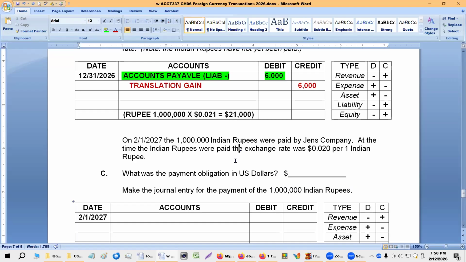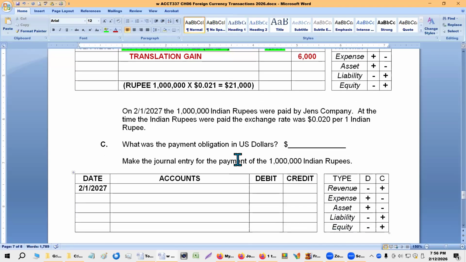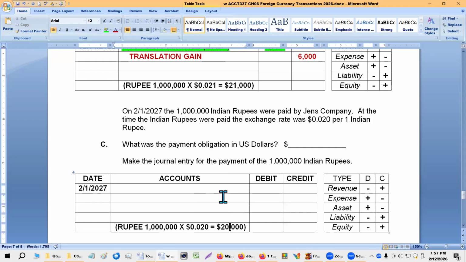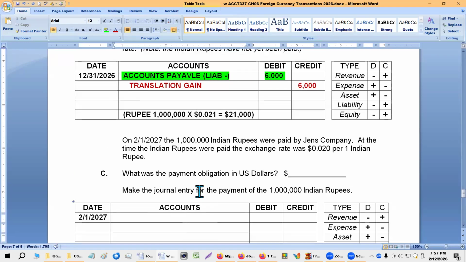All right. Let's see. The Indian rupees were paid by Jen's company. At the time, the Indian rupees paid exchange rate was 20 cents. Okay, let's take a look at that. Oh, that's even better news. What would this journal entry be?